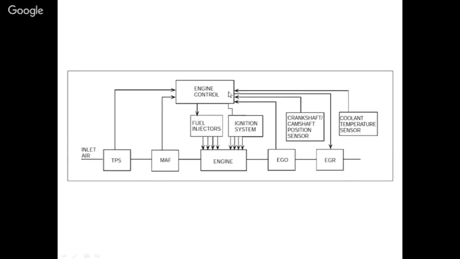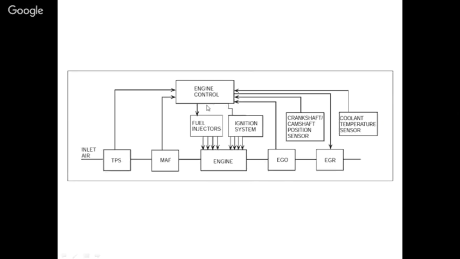Then we have a coolant temperature sensor. Apart from this, there are so many other sensors, for example, one for the RPM of the vehicle, and so on and so forth. A MAP sensor, a manifold absolute pressure sensor, is not mentioned here. So a number of sensors give input to the electronic control unit.